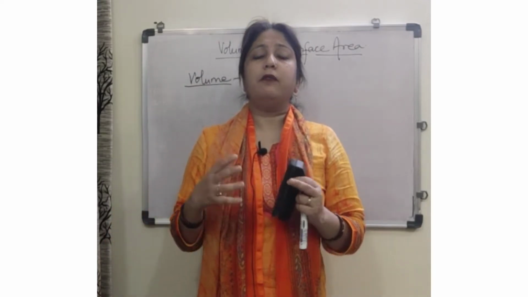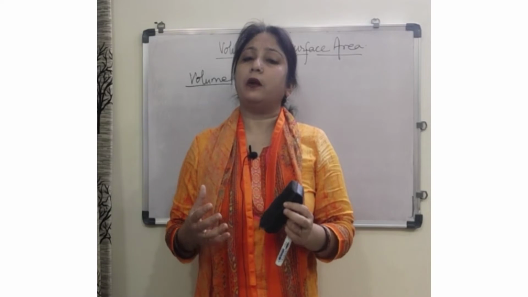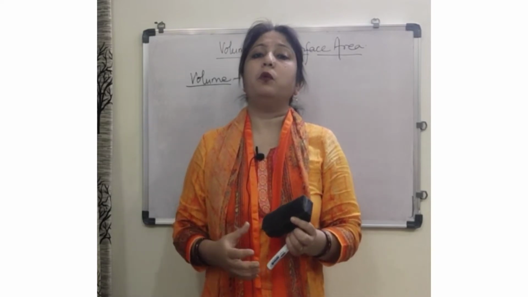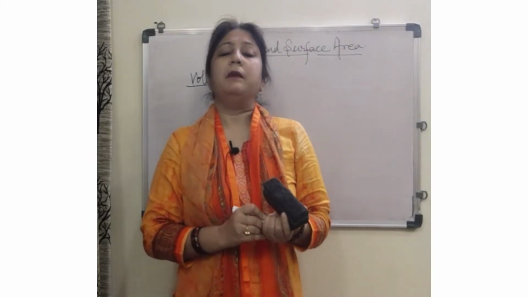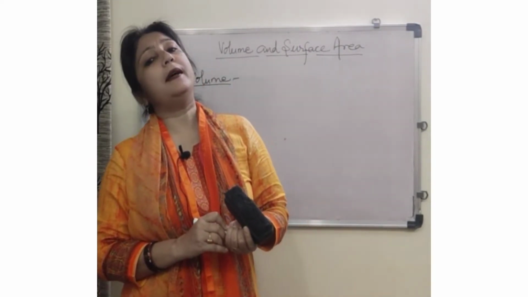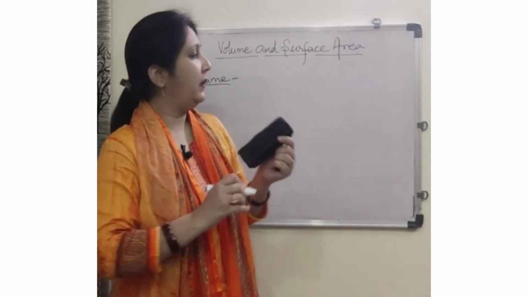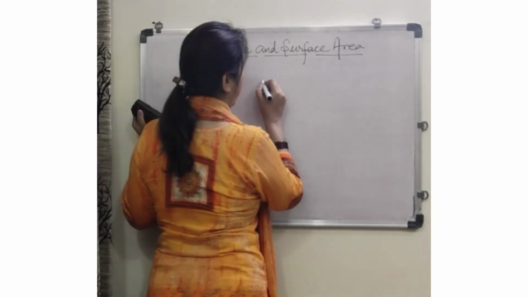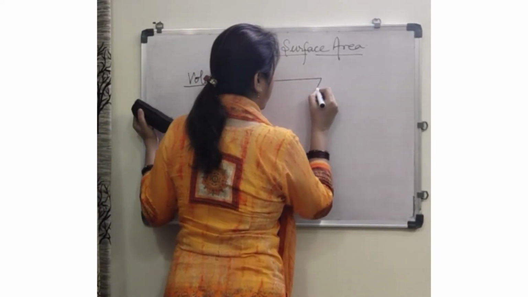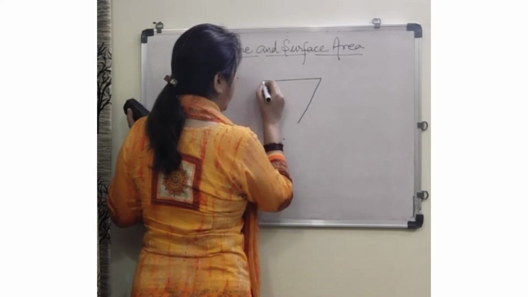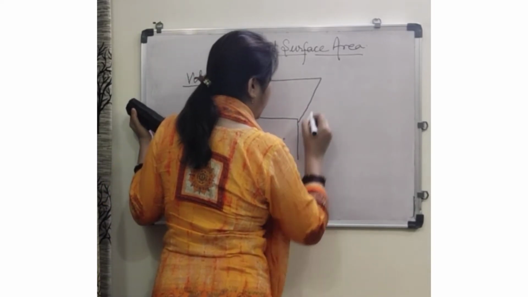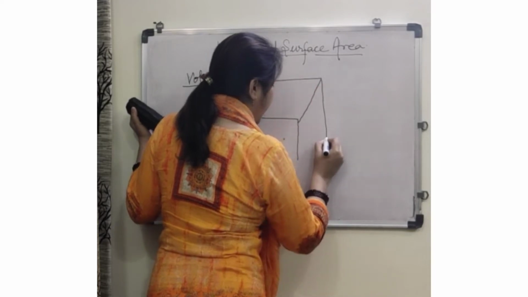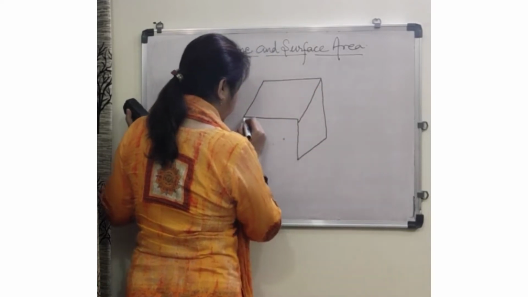First of all, we are going to take cube. What is a cube? Cube is a 3D shape, whose all the edges are the same. Here is a cube. Everyone is familiar with sugar cubes, ice cubes. They have the same length, breadth, height.